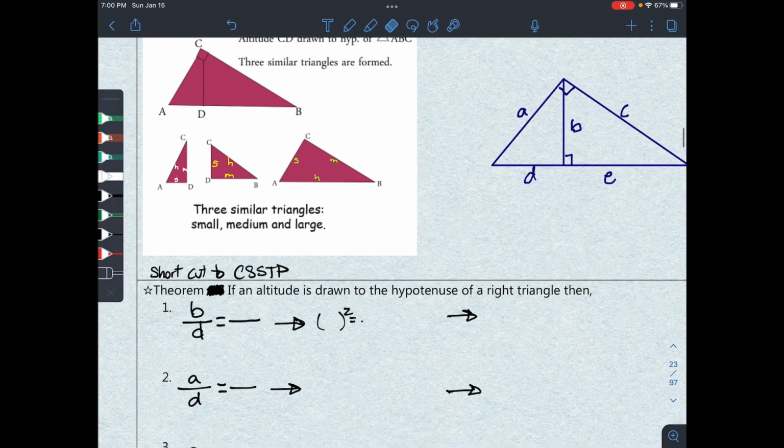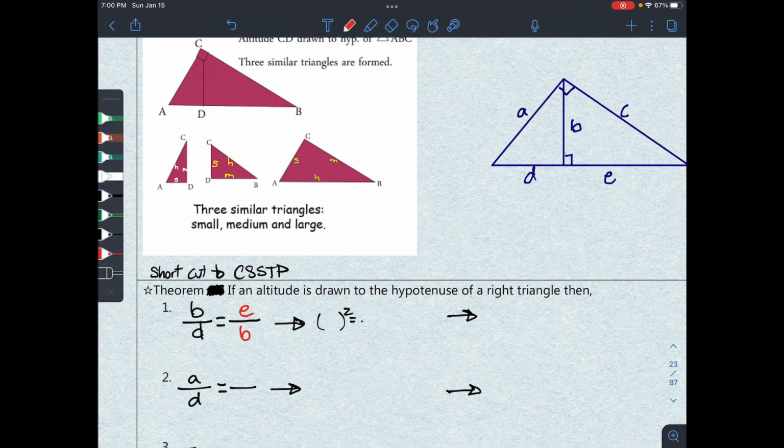So the shortcut, well, let's first of all go through setting up a proportion. Notice B, if I think about this triangle here, B is the long leg divided by the short leg. And then if I go to this triangle here, I have long leg, short leg. So I could say B is to D as E is to B. Notice how we end up with B's in my kitty corners, so to speak.